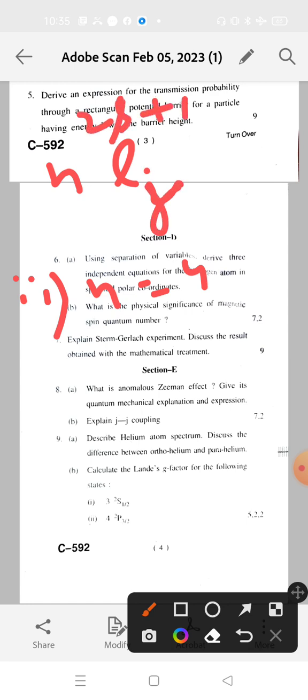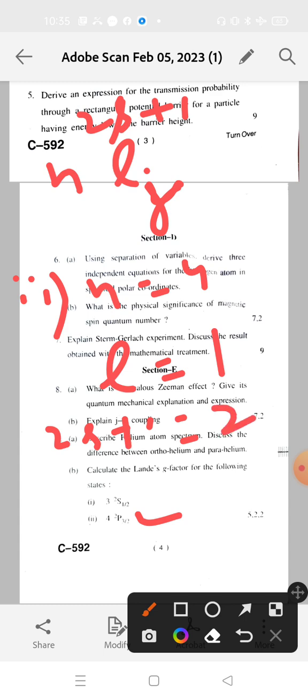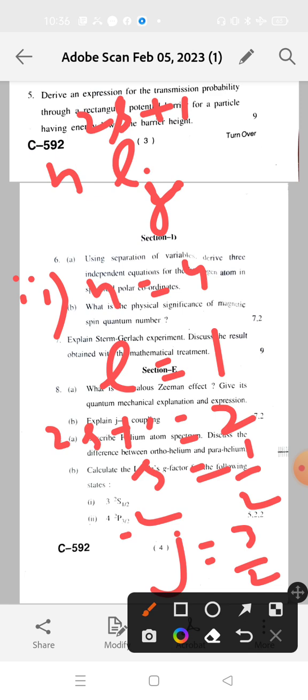So here n is equal to 4 and L is equal to P, capital P, so L is equal to 1, and 2s+1 is equal to 2. So s is equal to 1/2 and j is equal to 3/2. So we have calculated the values of small l is equal to 1, small s is equal to 1/2 and j is equal to 3/2.